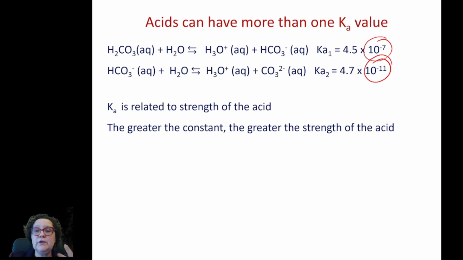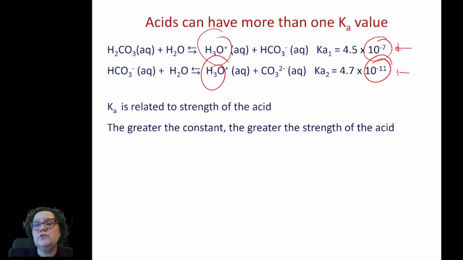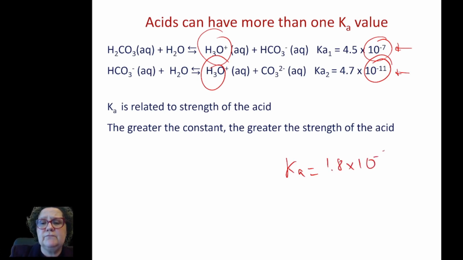So carbonic acid is a weak acid. It has two acidity constants. Within the two hydrogen ions that carbonic acid can lose, the first one is much easier to lose than the second one, and so 10^-7 is larger than 10^-11. If you want an example of a weak acid that might be familiar to you, acetic acid, which is quite common, the acidity constant for acetic acid is 1.8 × 10^-5.